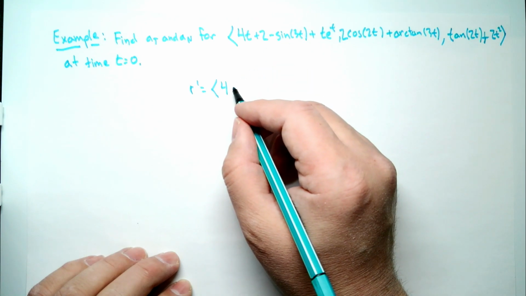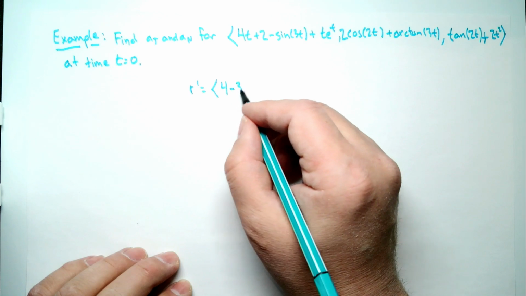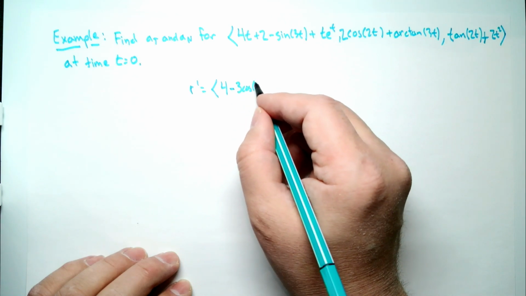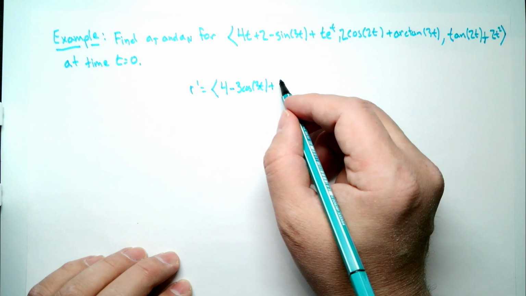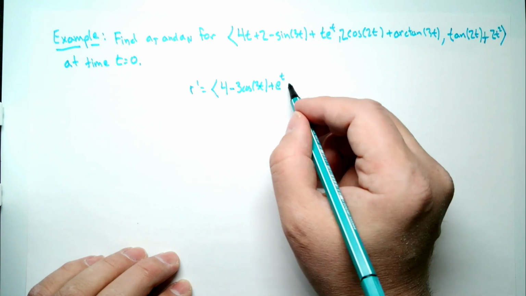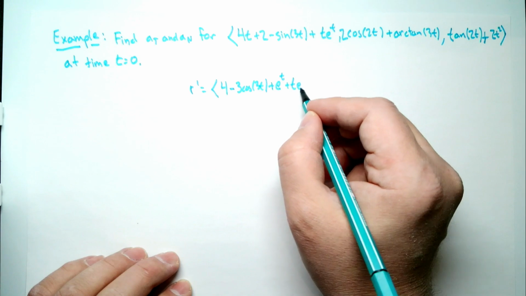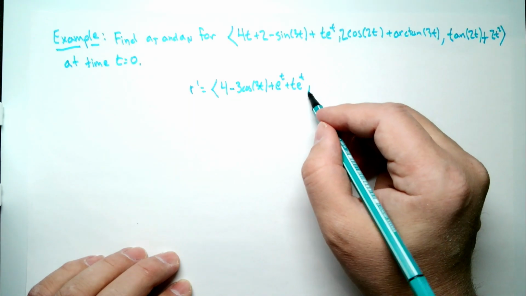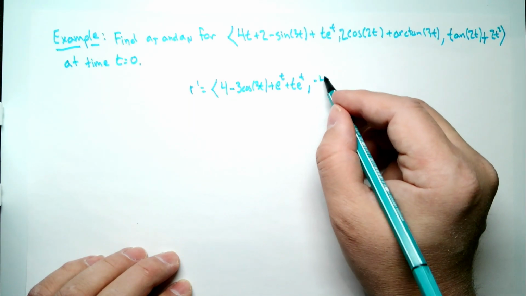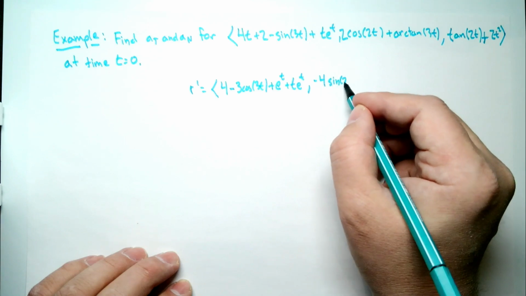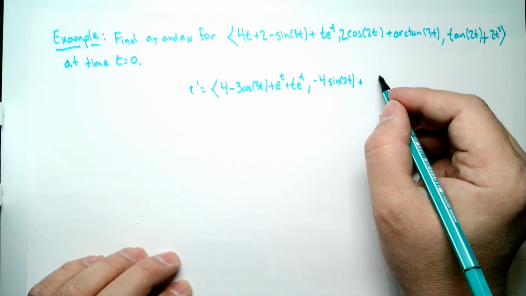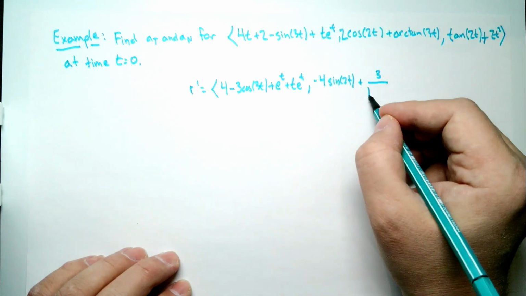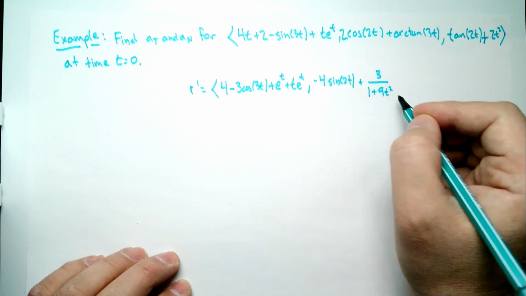So we're going to have minus 3 cosine of 3t. Then use product rule. So we're going to have the derivative of the first, so that would be e to the t plus t e to the t. Comma. Minus 4 sine 2t. Arctangent of 3t, well, that would be plus 3 over 1 plus 9t squared.